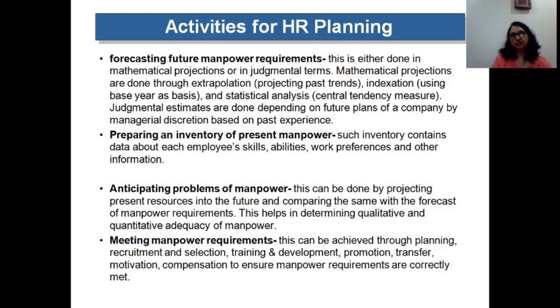That is, it has to maintain a database of each employee's skills, abilities, experience, work preference, and other information. And this database helps the organization assess whether the present workforce can be deployed for meeting the future needs of the organization.